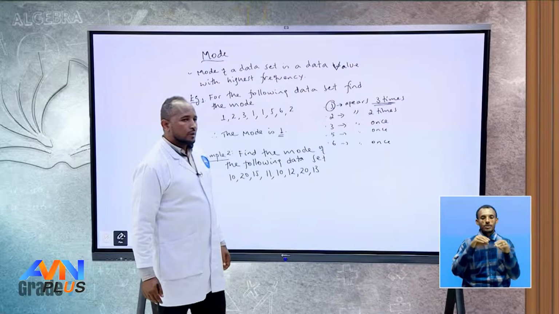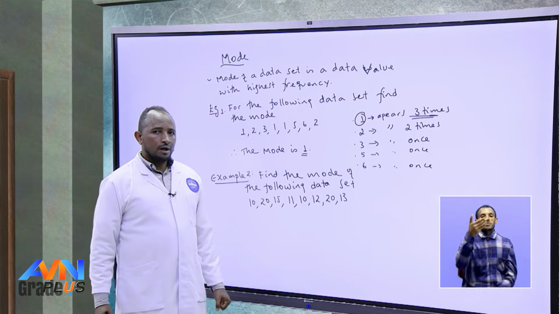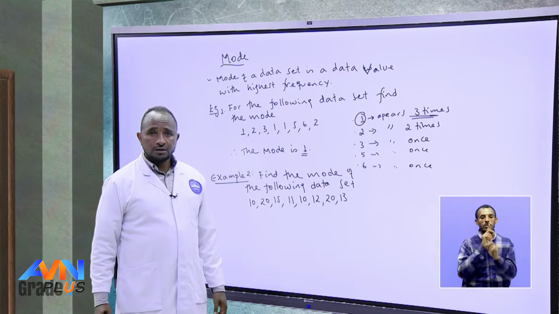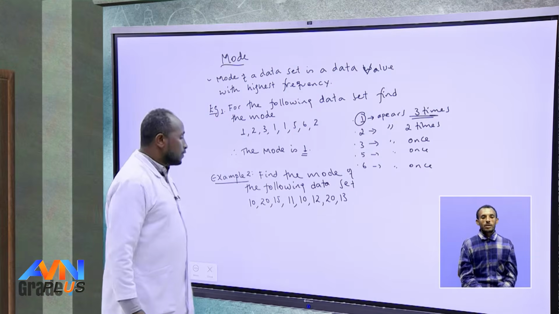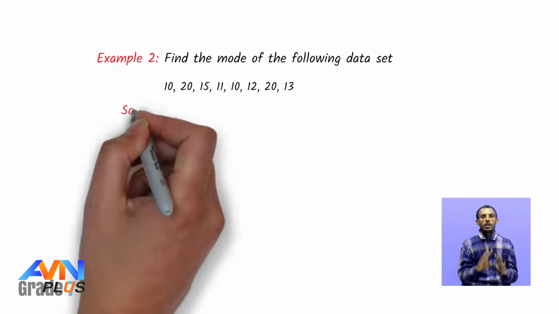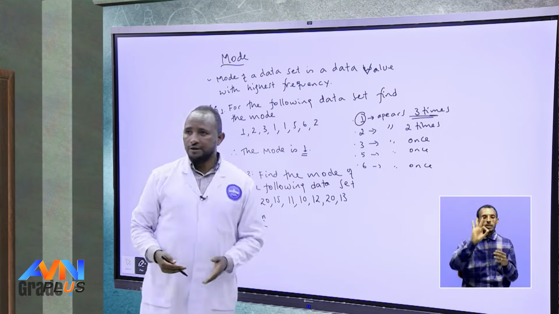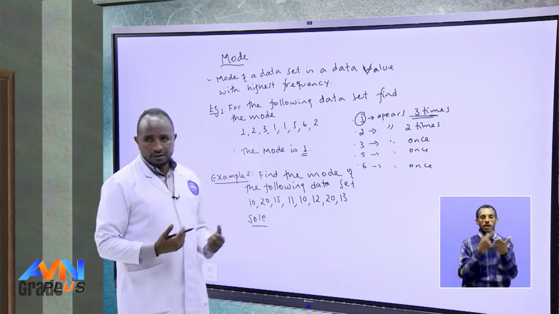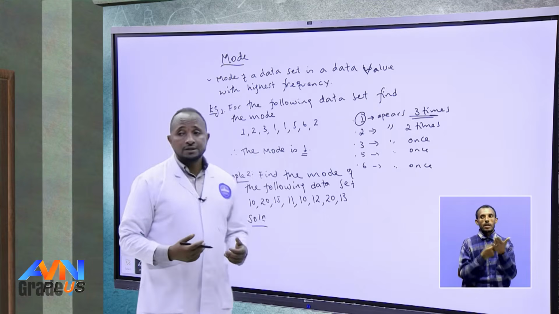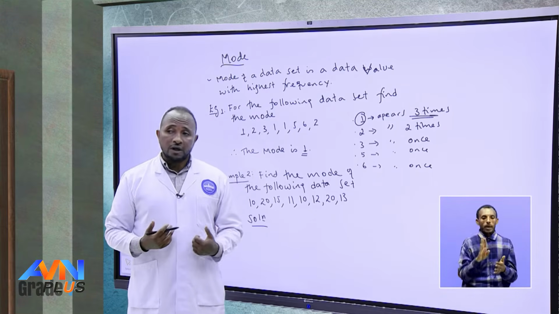Students, have you tried the question? Good. Now let's see the answer together. Let's see the number of appearances of each value, or the frequency of each value. The number with the greatest frequency will be the mode of the given data.